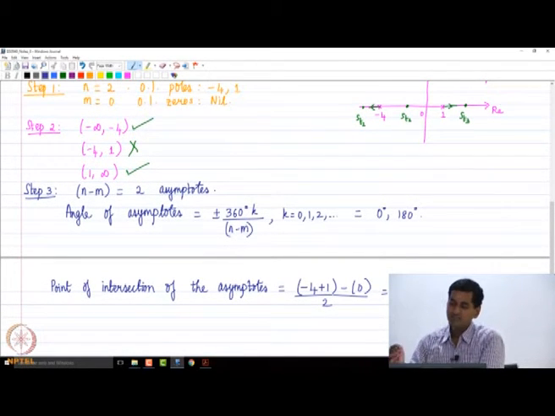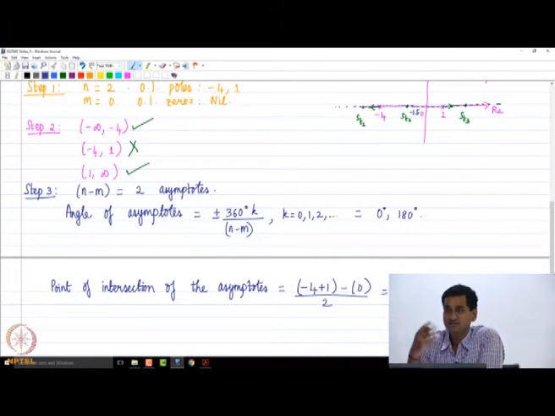So what this really means is the following. Let's say I have minus 1.5. The two asymptotes are just going to be along the real axis, one along the negative real axis, one going towards the positive real axis. That's what this calculation tells us, because there are two asymptotes that are supposed to intersect at minus 1.5 and make angles of 0 degrees and 180 degrees with the positive real axis.